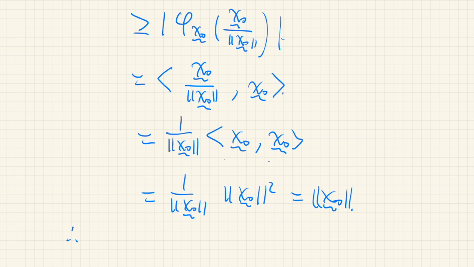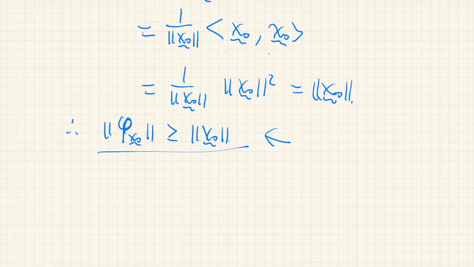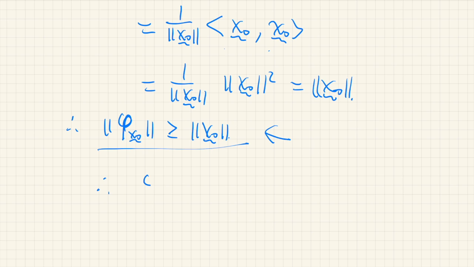So therefore, to summarize, the norm of phi x0 is greater than or equal to the norm of x0. So combining this and this, we have the norm of phi x0 is equal to the norm of x0.